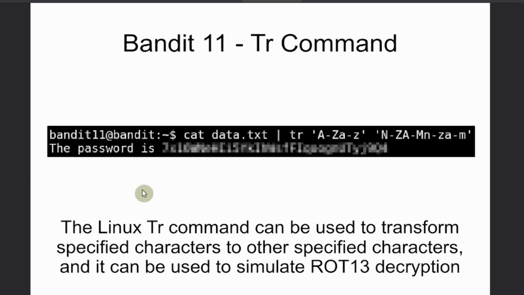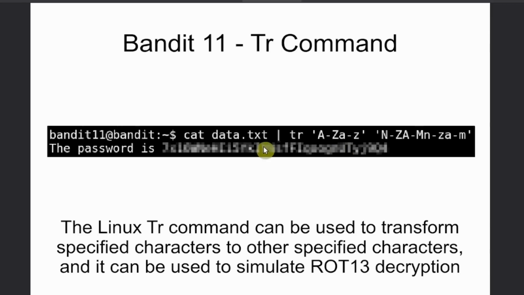So to solve this level, we're going to be using the Linux tr command. There are a few different ways we can solve this, but since we're working inside of Linux, we'll try to keep on working inside of Linux. The Linux tr command can be used to transform specified characters into other specified characters, and it can be used to simulate the ROT13 decryption.